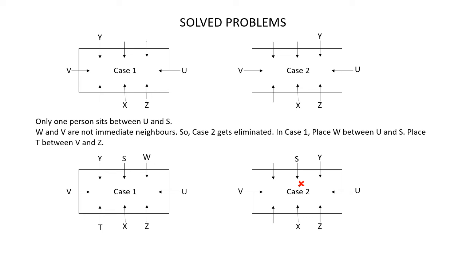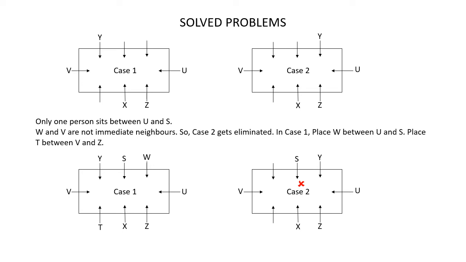It's given only one person sits between U and S. W and V are not immediate neighbors. Let's consider case 1 first. There's only one person sitting between U and S. So clearly this is the position for S, so that one person sits between U and S. So mark S in that position. Now if S sits here, then the only two vacant positions in case 1 are this position and this position.